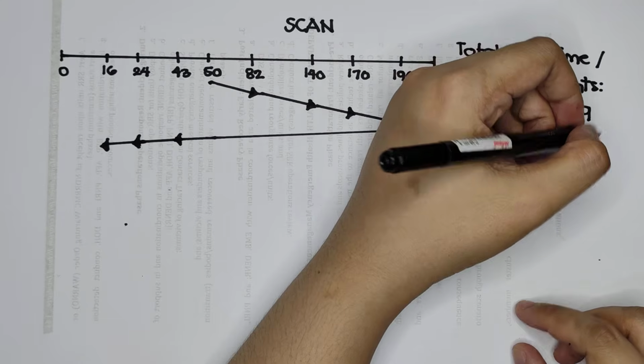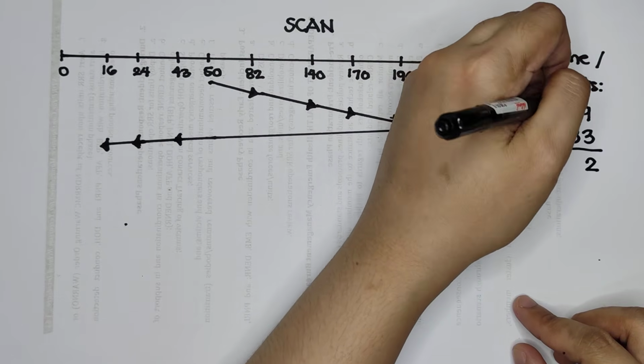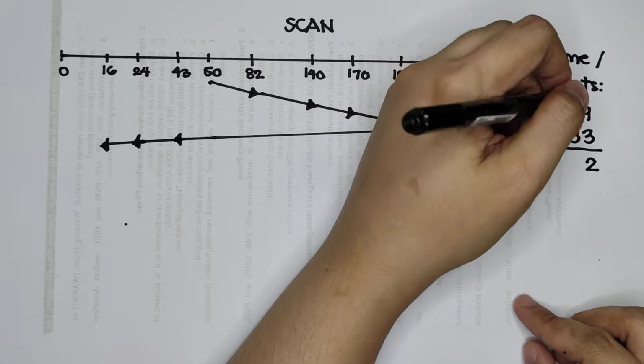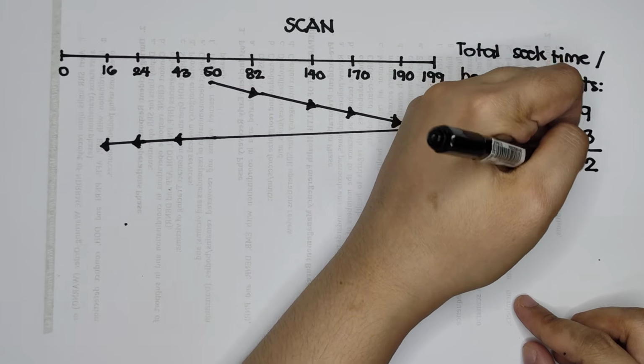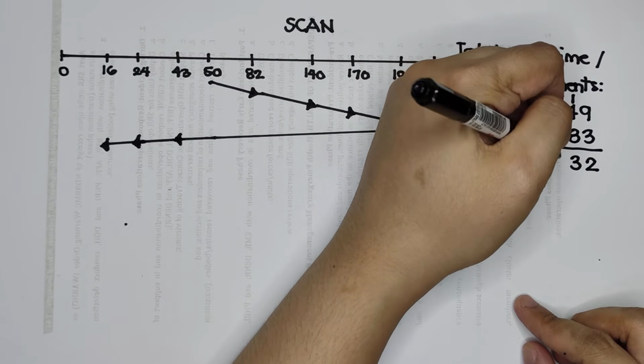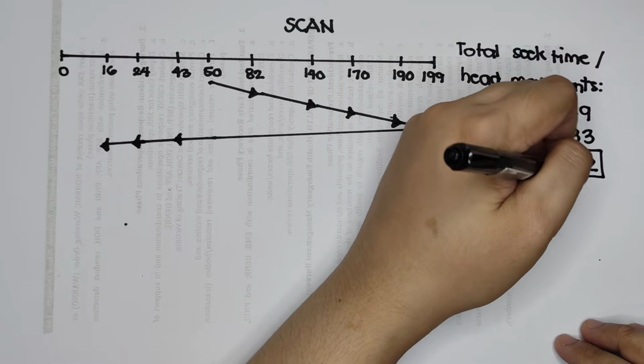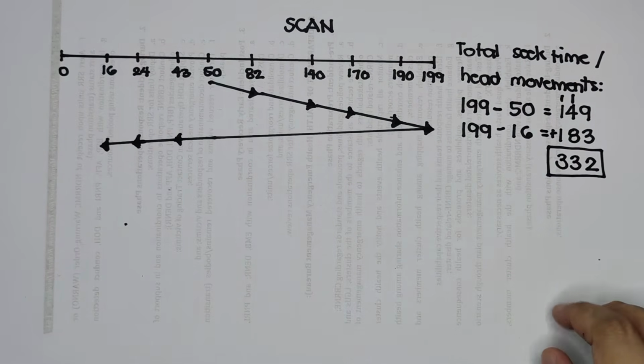9 plus 3 is 12, write 2 carry 1. Then 8 plus 4 is 12 plus 1, we have 13, write 3 carry 1, and then 1 plus 1 plus 1 is 3, so we have 332. That is the total seek time or total head movements using SCAN in this scheduling algorithm.